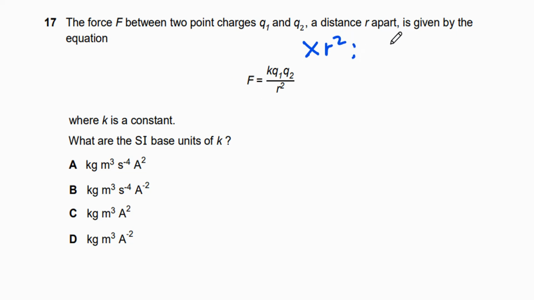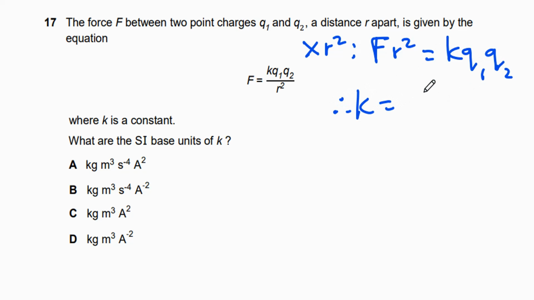So on the left-hand side here, we'll get F r squared. On the right-hand side of the equation, the r squareds cancel. So we're left with K Q1 Q2. We want to isolate K, so we can divide the Q1 Q2 into the F r squared. So now we have K the subject of the formula.